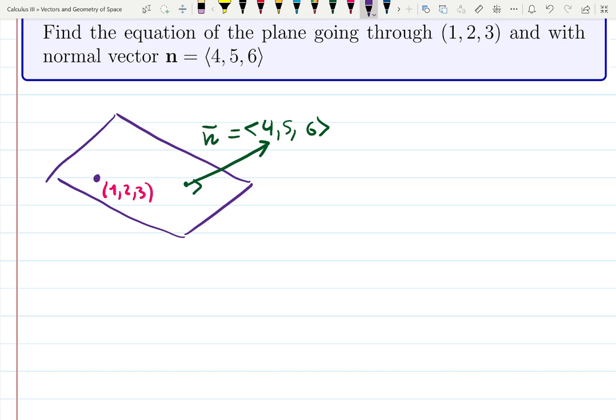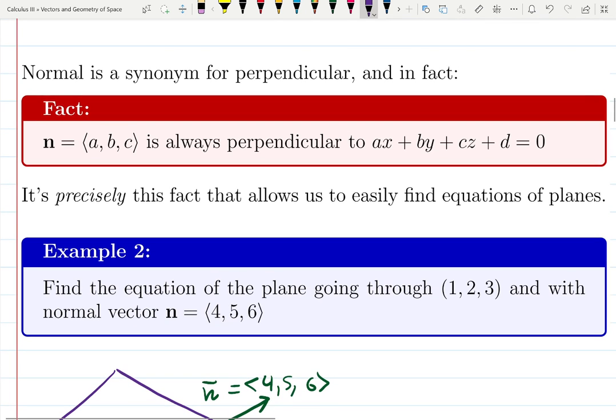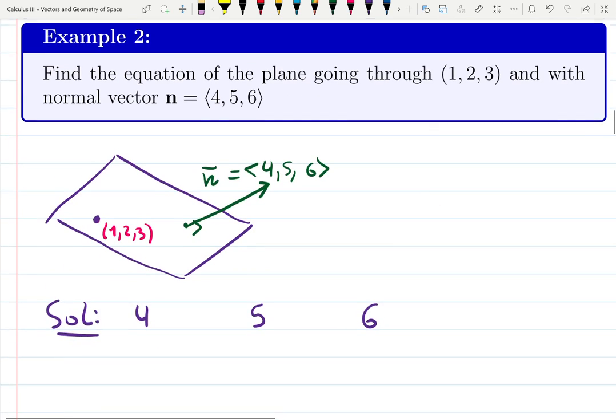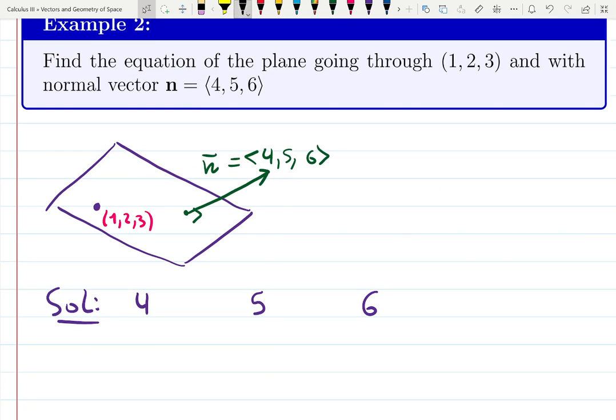The equation of the plane solution will be, so which numbers do I need? Remember that 4, 5, and 6 were the ones that we're multiplying here. A, B, and C. That's what we did. Now, since it's coming through a point 1, 2, 3, x minus 1 should give you 0.